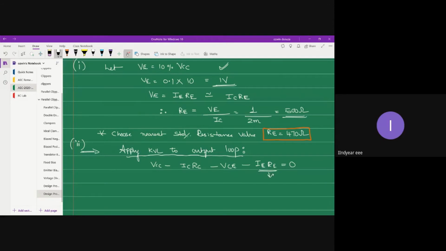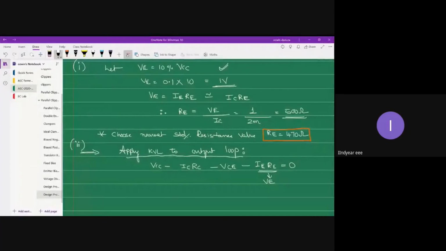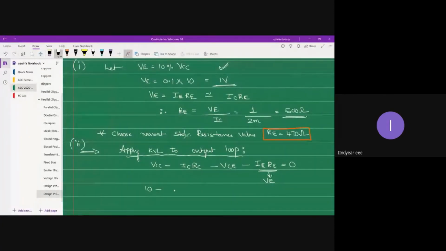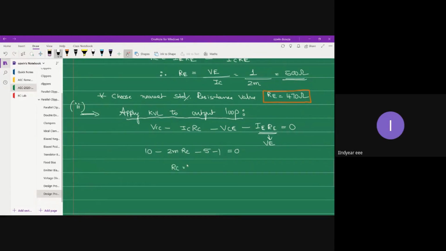So IE into RE is your VE, right? And VE is 1 volt. So you can write 10 minus 2 milli into RC minus 5 minus 1 is equal to 0. Or you can write RC is equal to (10 minus 5 minus 1) divided by 2 milli. How much will you get? 4 volts divided by 2 milli is 2 kilo ohm.